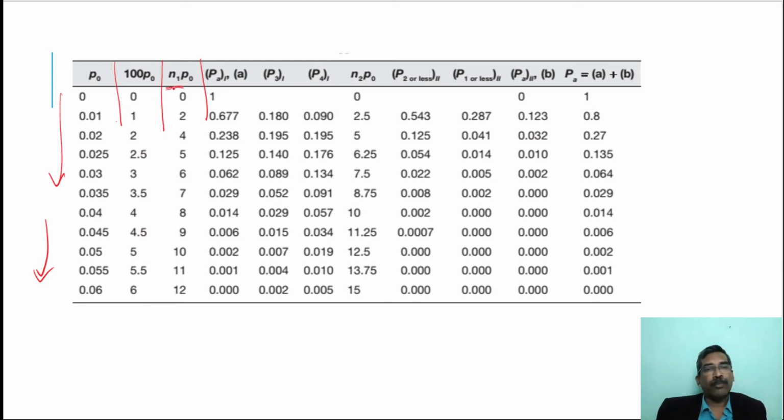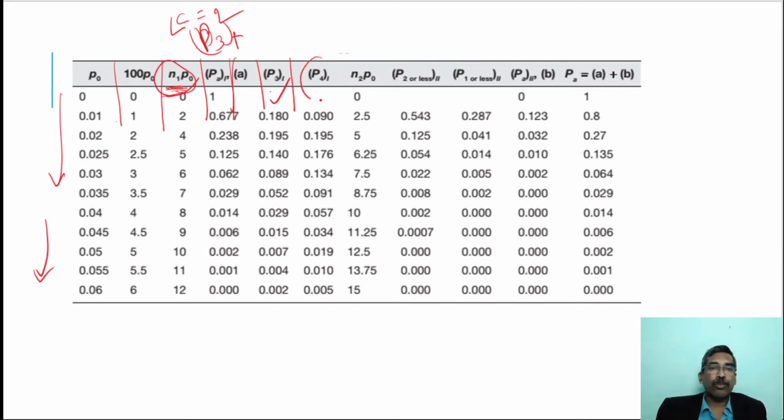And based on the first sample, what are the different values to be taken? PA1, that is C less than or equal to 2, and then this one, that means exactly 3 defective in the first sample, and this will be calculated based on N1 P0.